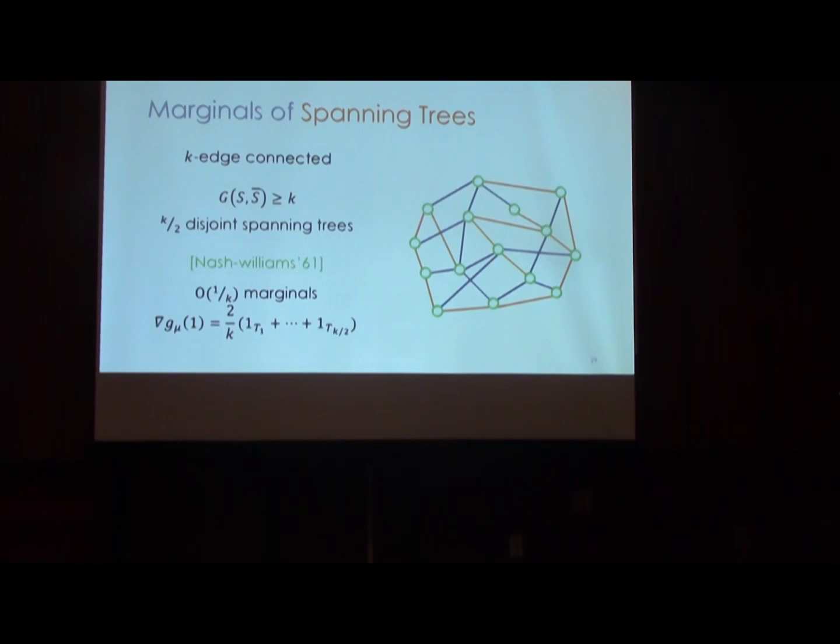And if you take the uniform convex combination of these K over 2 disjoint spanning trees, it's going to be a point which has entries bounded by 2 over K. So this gives you marginals which are bounded by 1 over K. And this is saying that you can always find lambda e's such that the lambda-uniform spanning tree distribution has marginals bounded by 1 over K. Then your graph is K-cut-connected.